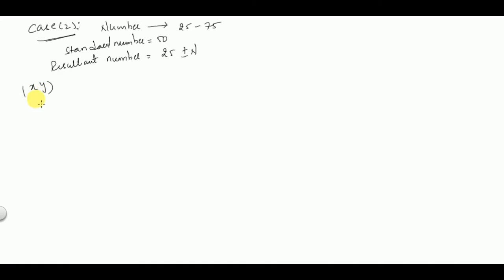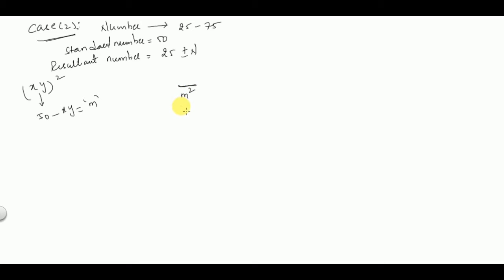Suppose the number is xy whole square. We will subtract this number from 50, so we will get some value, suppose m. First of all we will find m square and write those digits as the unit digit and also the tens digit.